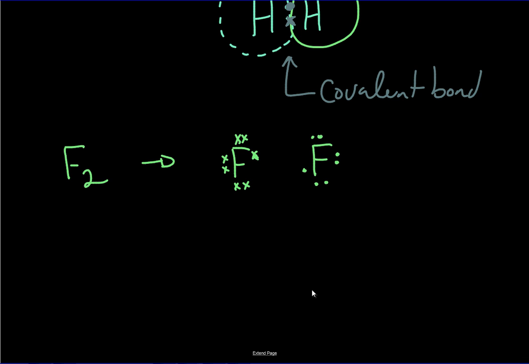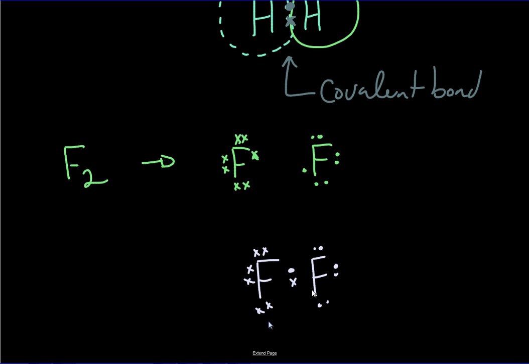Again, not something that we need to discuss right now. But you can see that this is another scenario where we're going to have sharing, right? 2 nonmetals, each looking to gain electrons, each pulling electrons towards itself, and you end up with another scenario of shared electrons. So we get a bond like this. Okay.